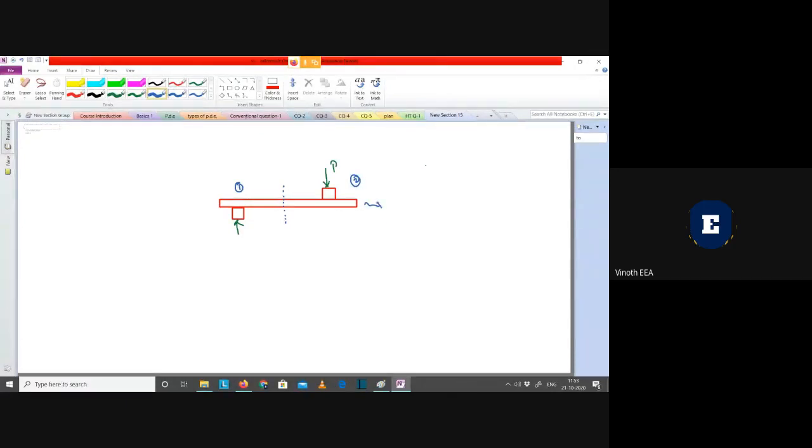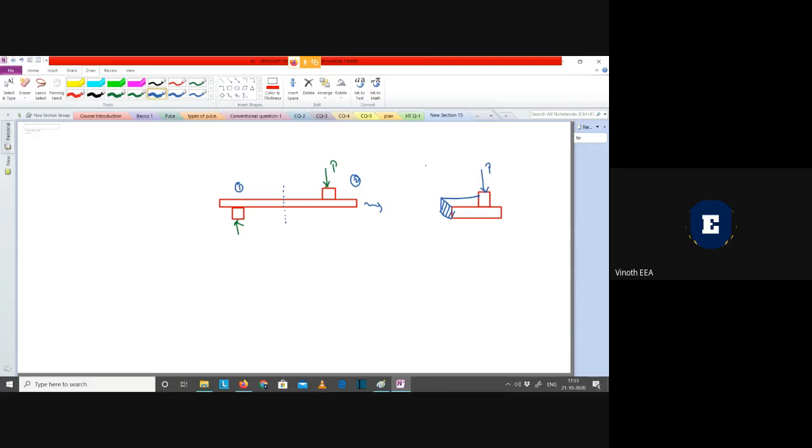If I represent part 2 here, it will look something like this. A force of P is acting downwards, and this is the cross section.